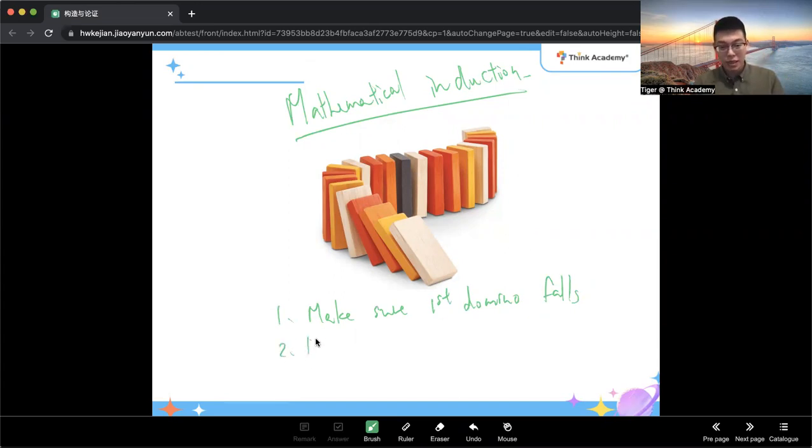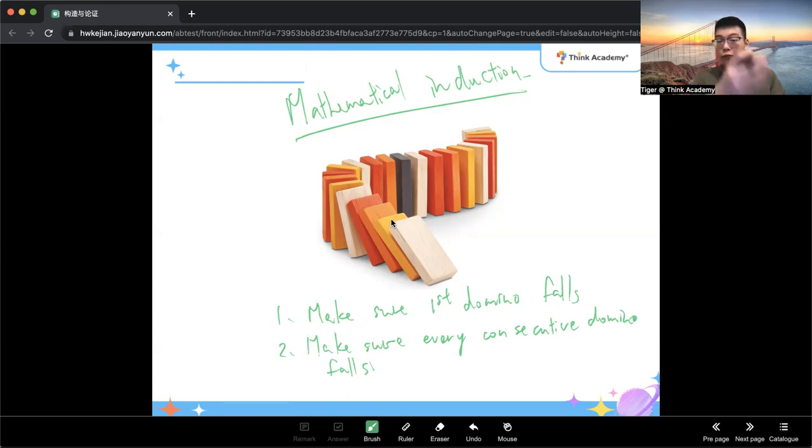The second step is to make sure every consecutive domino falls. Which means if the first one falls, the second one should fall. If the second one falls, the third one should fall.